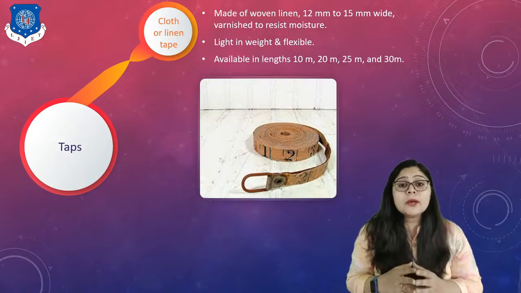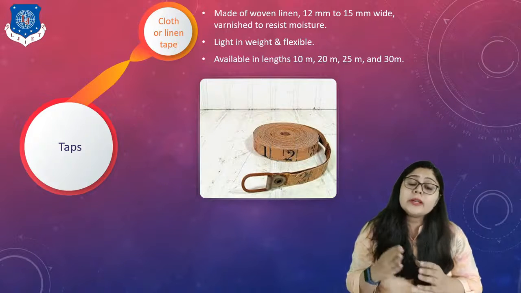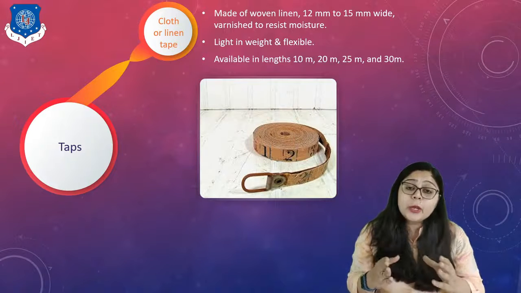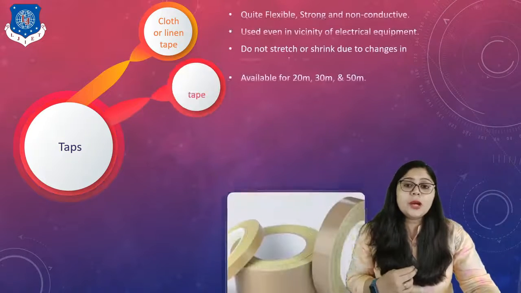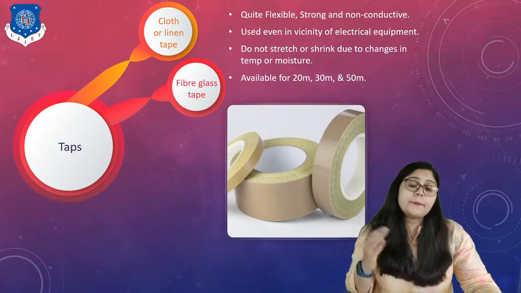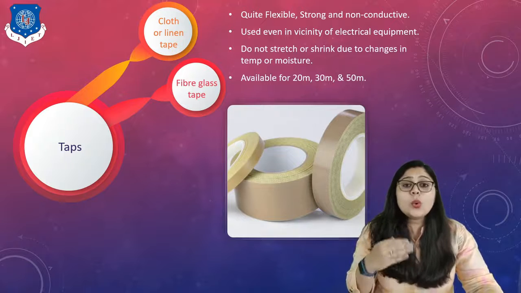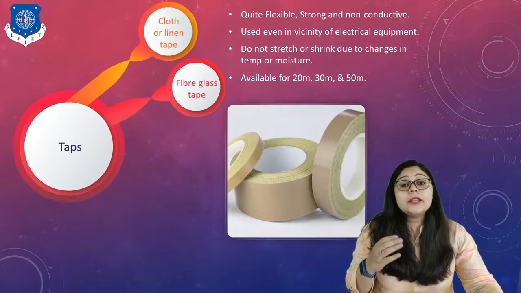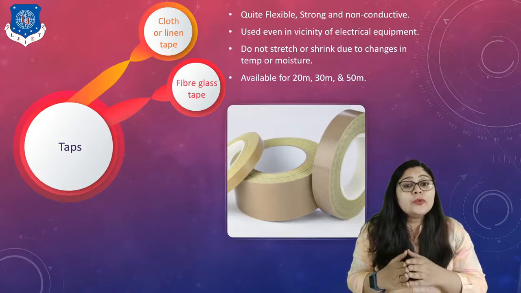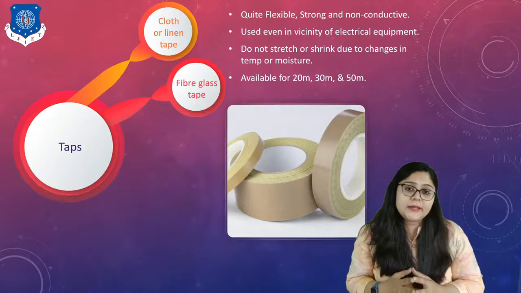They are also available in lengths of 10 meter, 20 meter, 25 meter and 30 meter. Right? Now let's discuss the second type of tape, which is fiberglass tape. Generally they are quite flexible, strong and non-conductive. They are used even in the vicinity of electrical equipment.